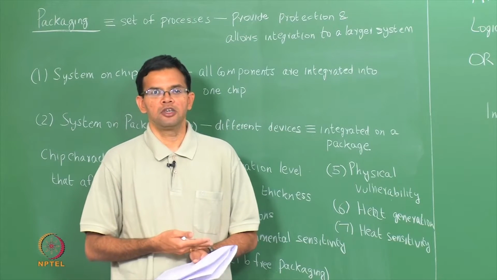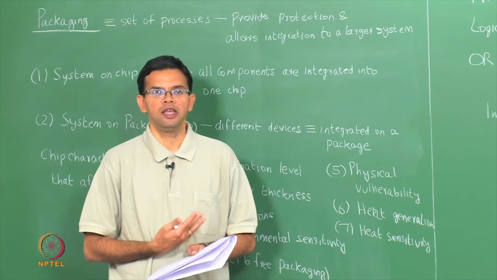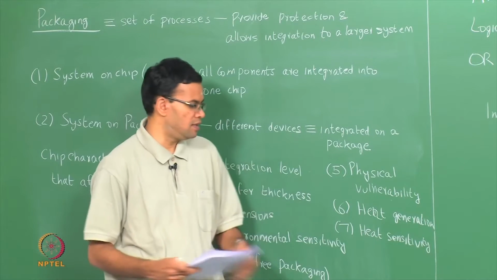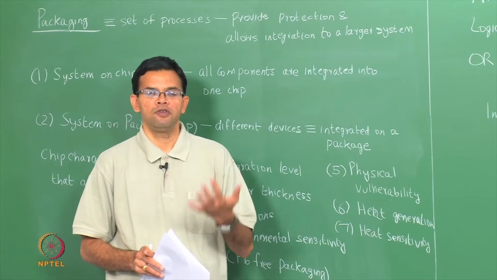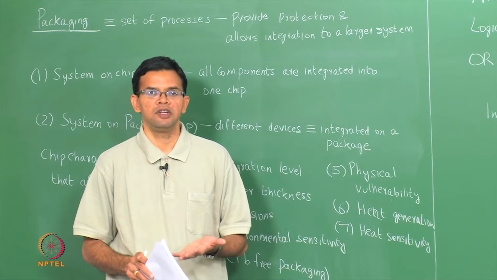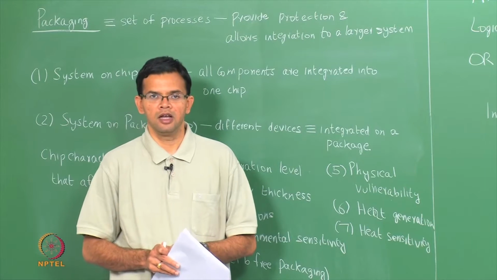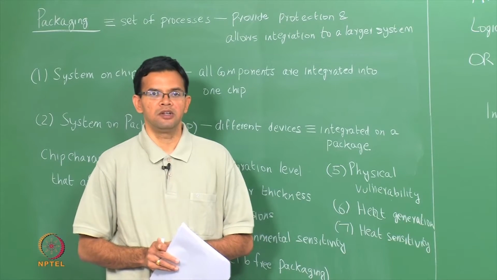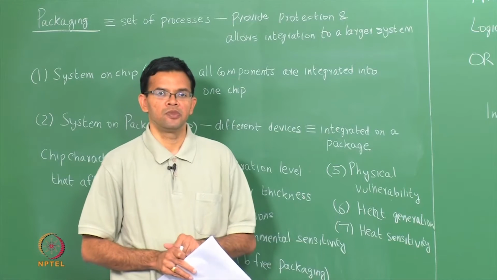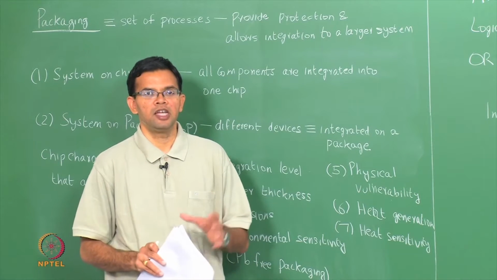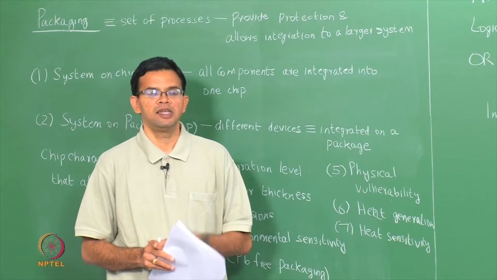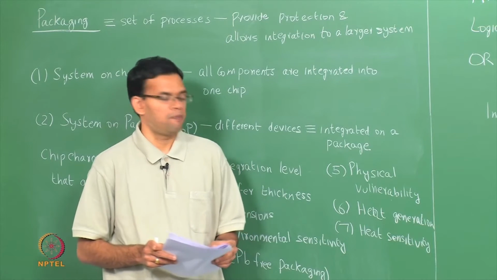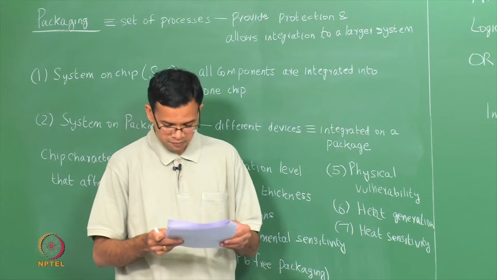So, more the circuit elements there are, more the heat will be generated, and this in turn can affect device performance. So, the amount of heat generated and the sensitivity of the device to heat is also essential in determining how we package it. So, usually there are ways provided in order to dissipate the heat to minimize any effect on the wafer itself.